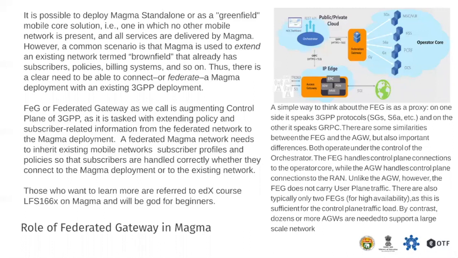FeG obviously handles the control plane connections to the operators, while the access gateway handles more towards the radio functions. So these two have different purposes, and both don't talk to each other directly. They always have to go through the orchestrator.